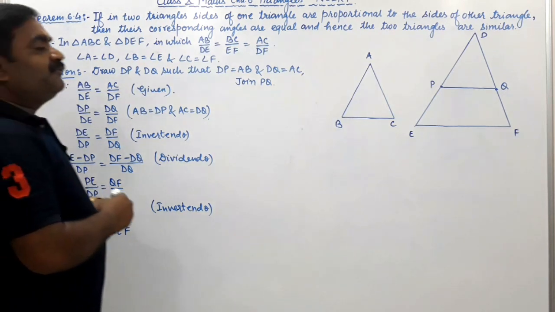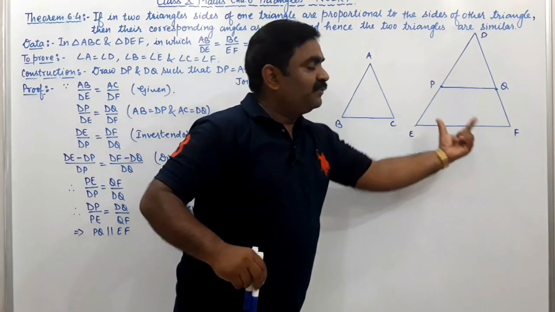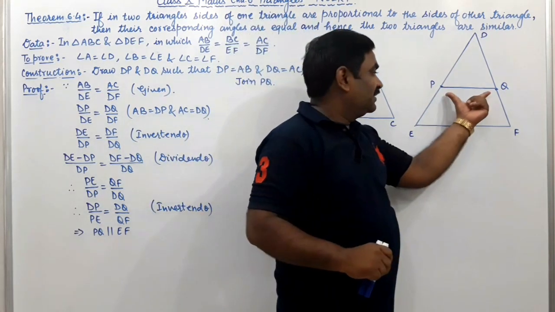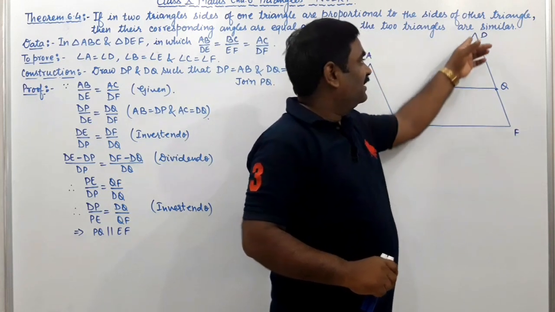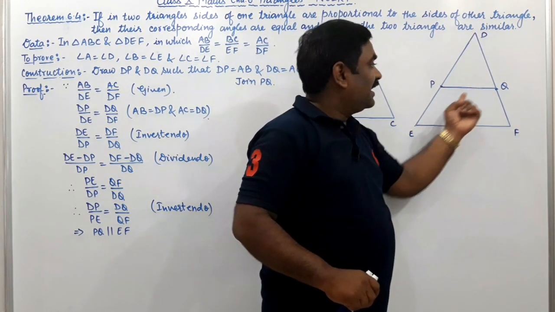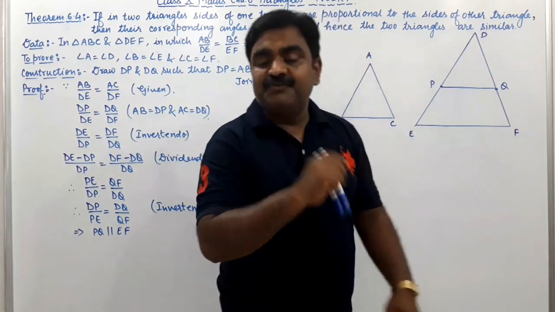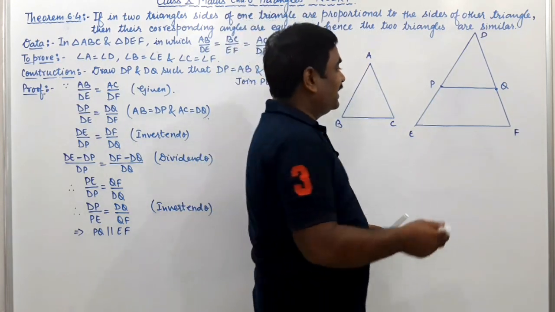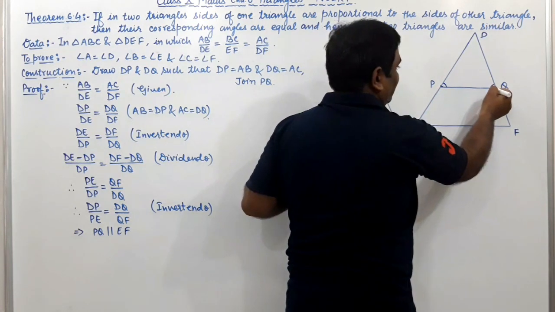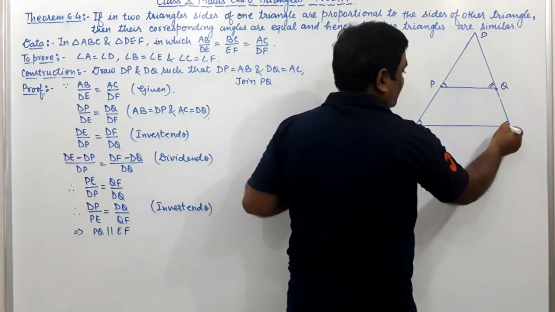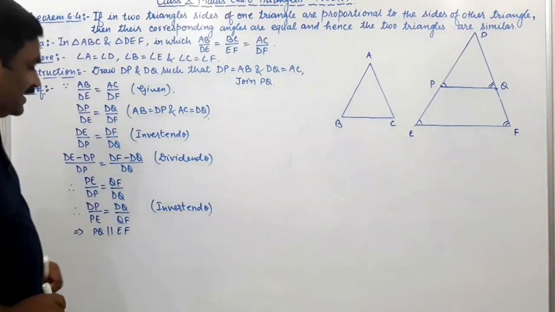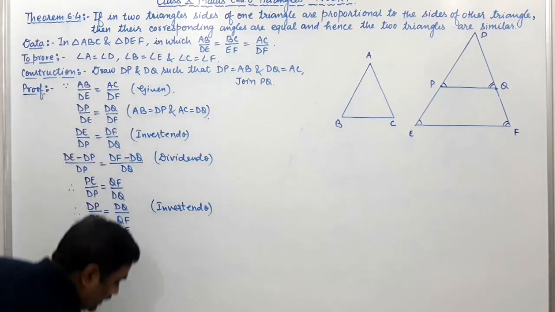Okay, if PQ is parallel to EF, then as in class 9th you have read, these two lines are parallel. So PE and QF are said to be transversals of this, so that this angle will be equal to this and this angle will be equal to this one. Why? By corresponding angles. So if these two lines are parallel, therefore you can write it.